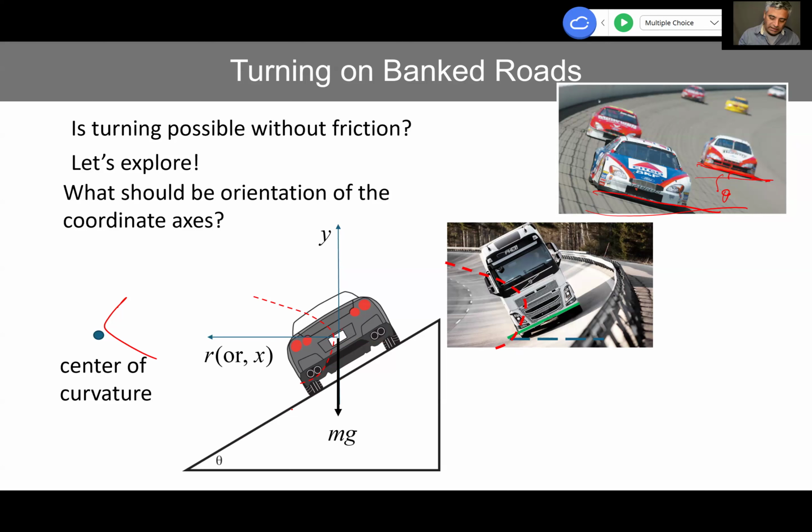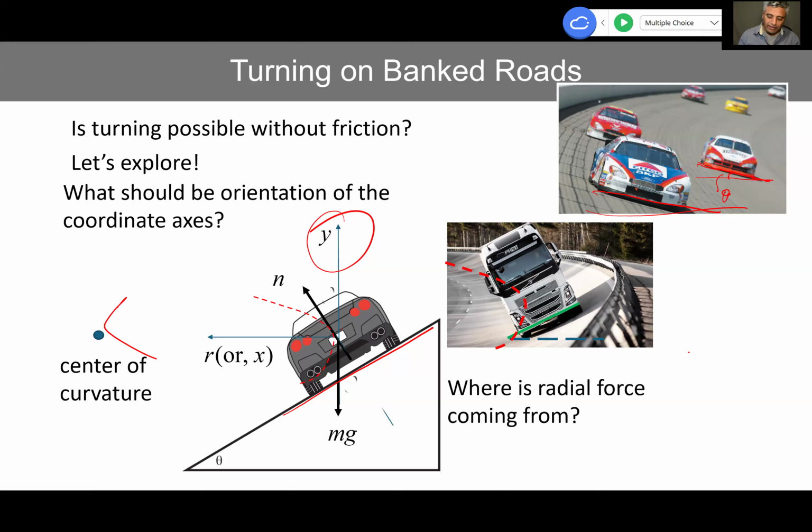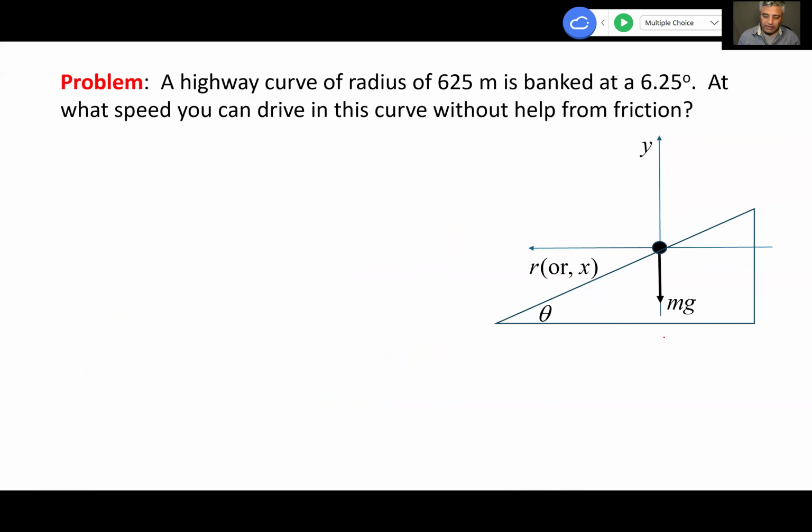But since this is sitting on an inclined plane, the normal force is not vertical. It is making an angle with this axis. Because of that, we need to figure out the angle, and then the components. I'm going to be doing that right here in this problem.